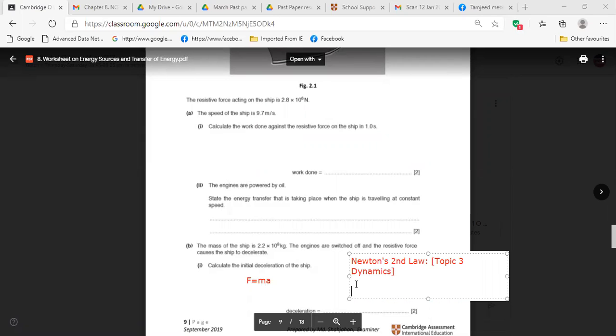Then the statement of this law is: the resultant force working on an object is the product of mass and acceleration.